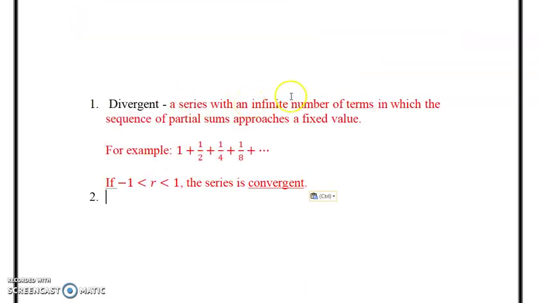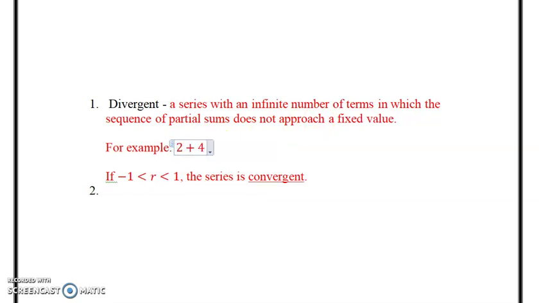It's a series with an infinite number of terms in which the sequence of partial sums does not approach a fixed value. For example, 2 plus 4 plus 8 plus 16 plus dot dot dot.